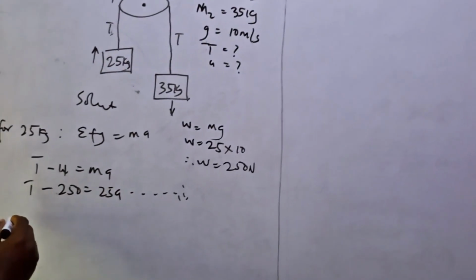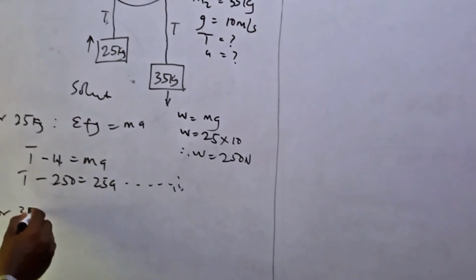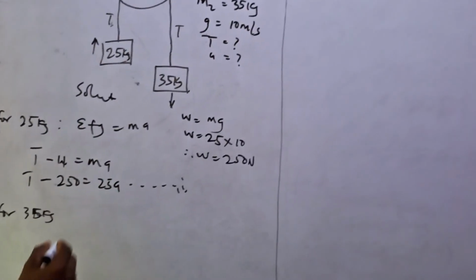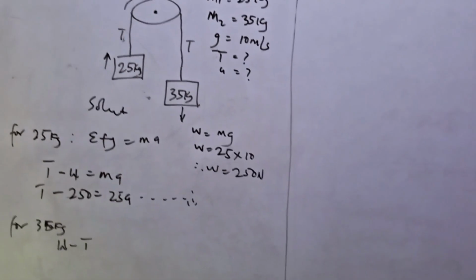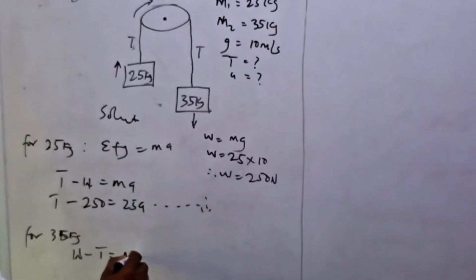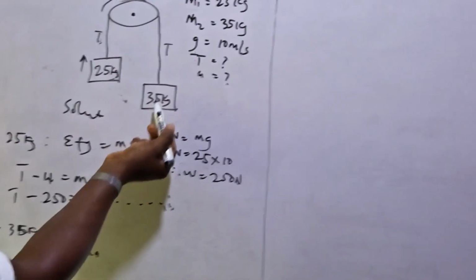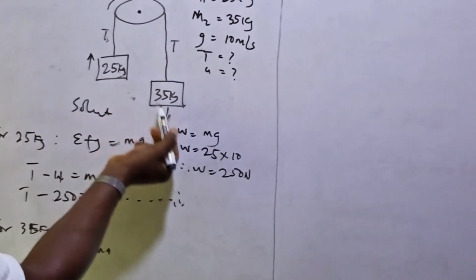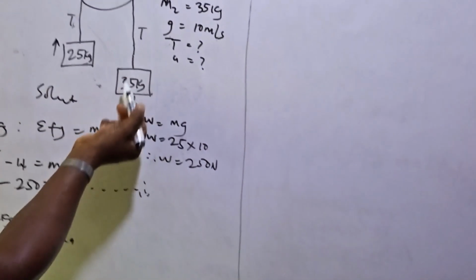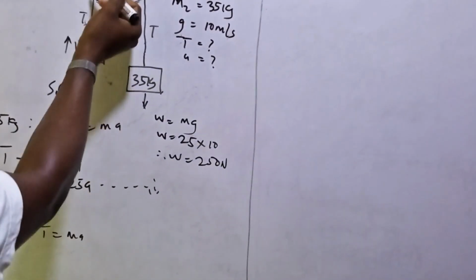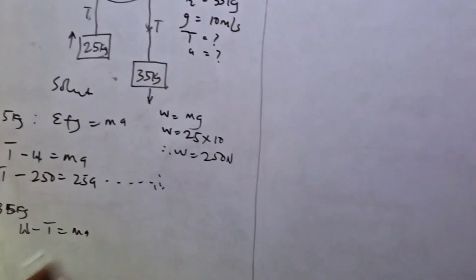Now for the 35 kilogram weight, the weight is greater than the tension, so weight minus tension equals ma. As you can see, the weight is greater than the tension, because the 35 weight is greater than the 25 weight. So it will overwhelm the tension, pushing the other one up and making the rope more taut.